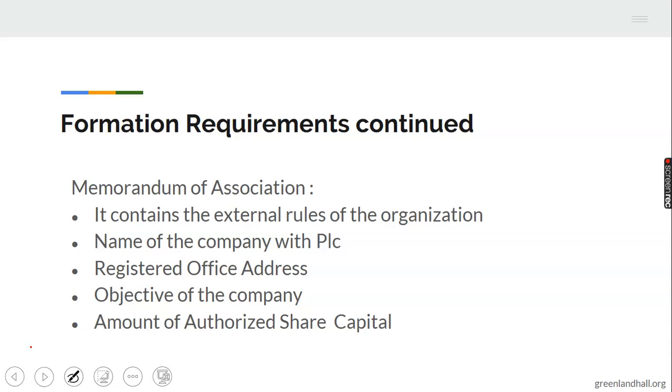In addition, we also have the objective of the company. That is, what has the company been established to achieve or to do. That is, what product is it going to produce, or what service is it going to render. And finally, we have the amount of the authorized share capital.